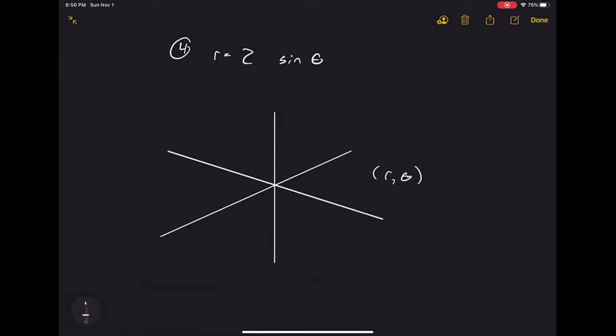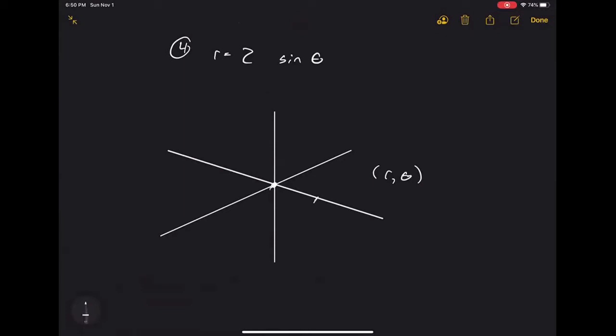If I just was working in polar coordinates, what would r equals 2 sine theta be? Well, at theta equals 0, I would have radius 0. At theta equals pi over 4, it'd be over here, and then at pi over 2, I'd be at 2.